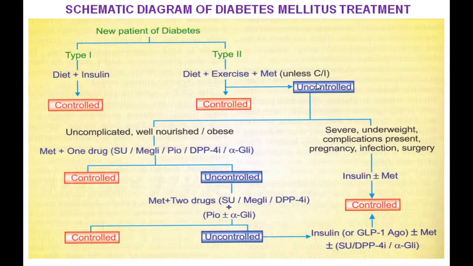If uncontrolled, it can be uncomplicated, well-nourished, and we use metformin plus one of the drugs: sulfonylurea or meglitinide or pioglitazone or DPP-4 inhibitor or alpha-glucosidase inhibitor.